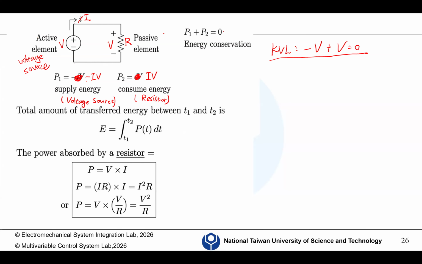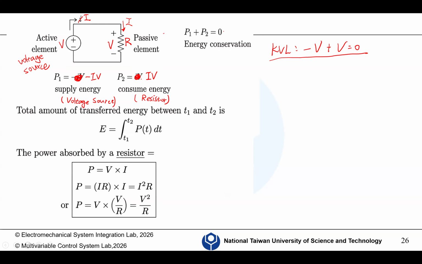And if you look at the power of the resistor, this current I flows into the positive terminal of the resistor, so its power is I times V. And it's a positive number.